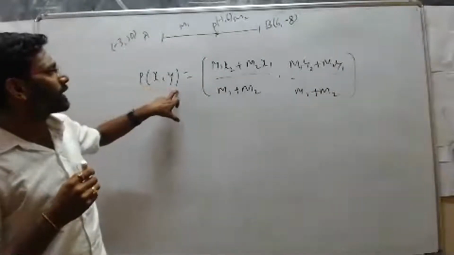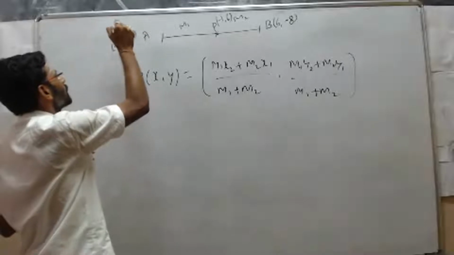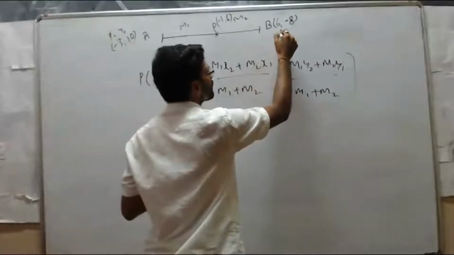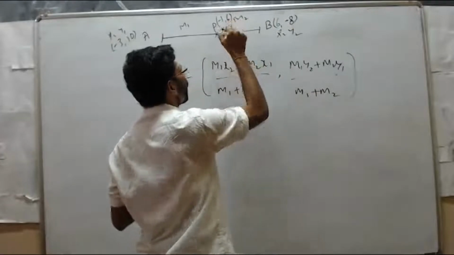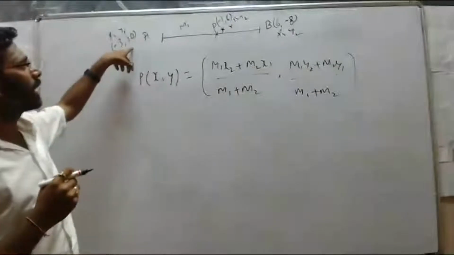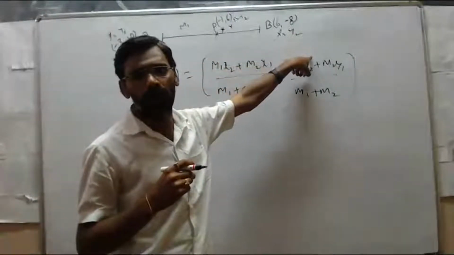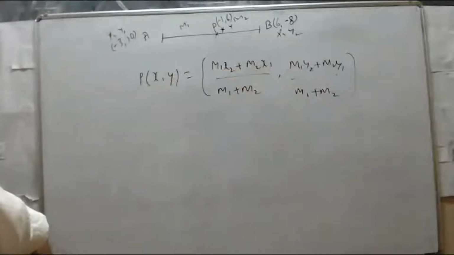Here x1, y1 and x2, y2 are the endpoints, and P is considered as x and y.